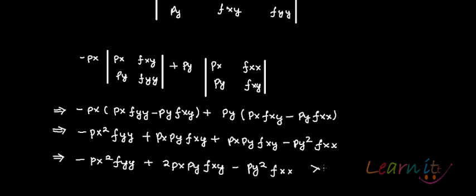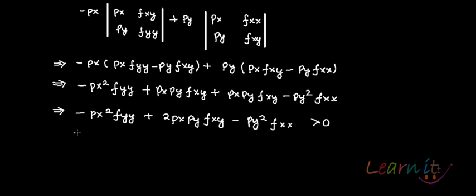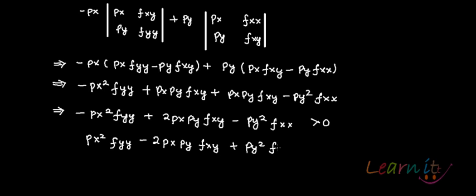So all of this should be greater than 0, in case this has to be the point of maxima. Or you can write this as px square fyy minus 2 px py fxy plus py square fxx should be less than 0.